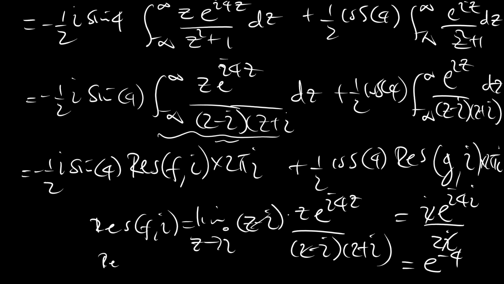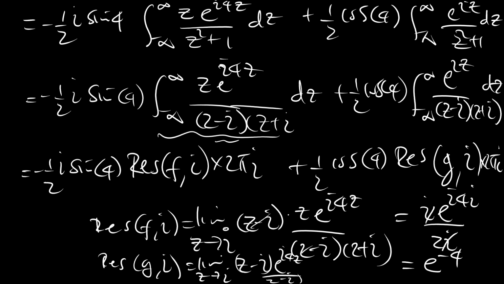And what about residue of g at i? That's the same as the limit z tending to i of z minus i e to the power i4z over z minus i times z plus i, which actually there's a half here.